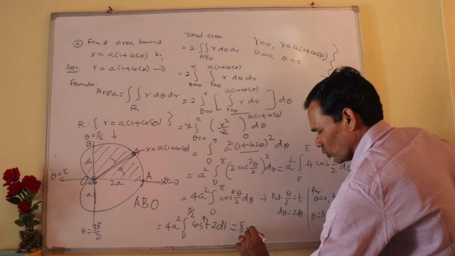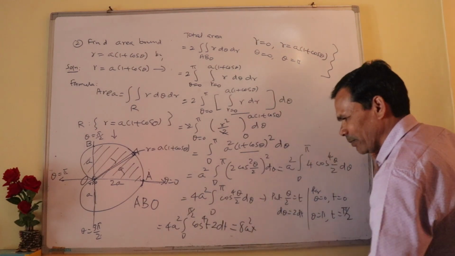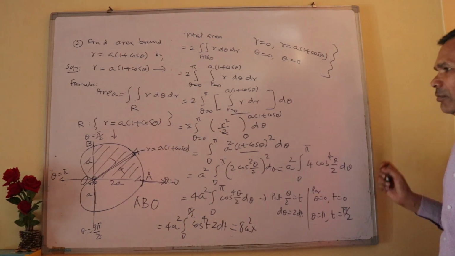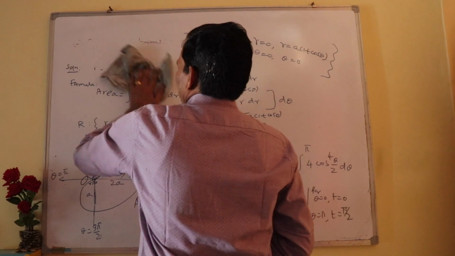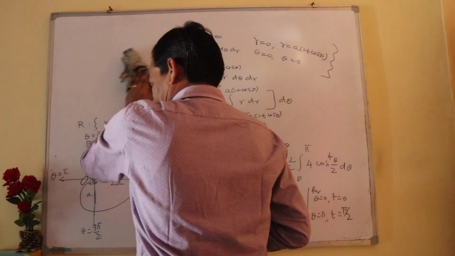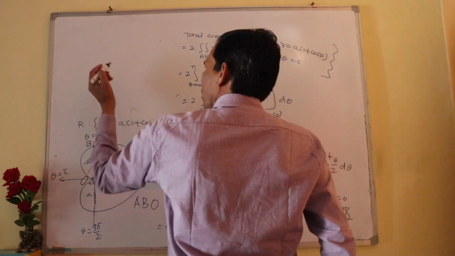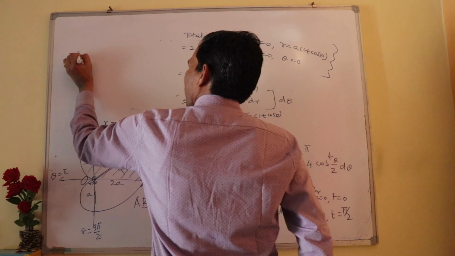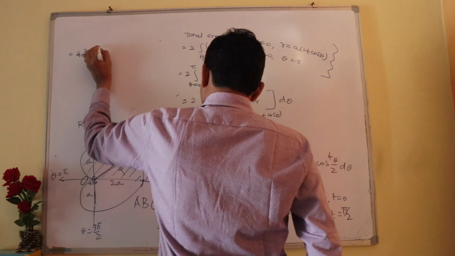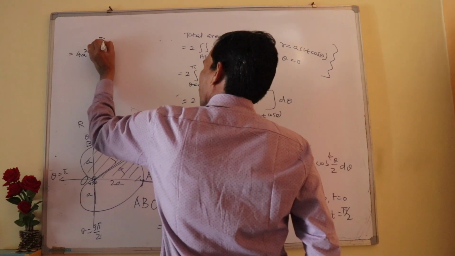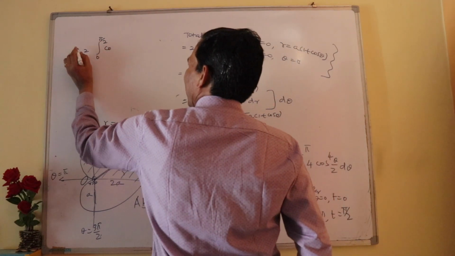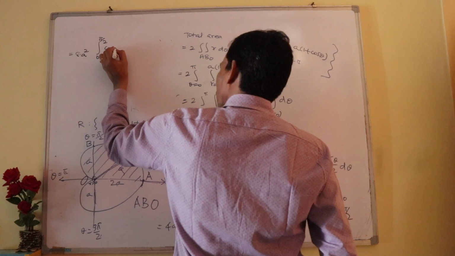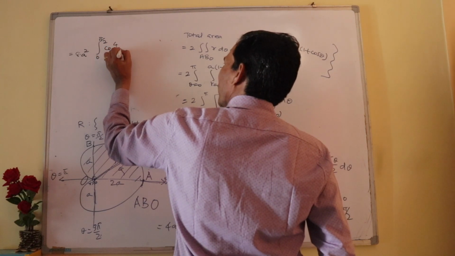So 8a square multiplied by, 0 to pi by 2, cos raised to 4t dt.